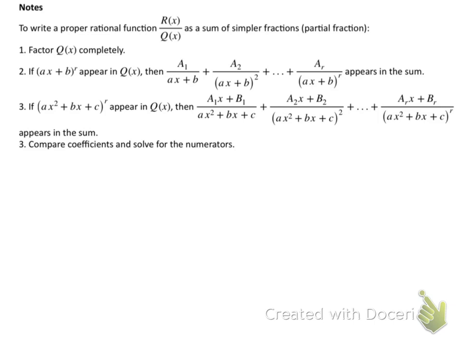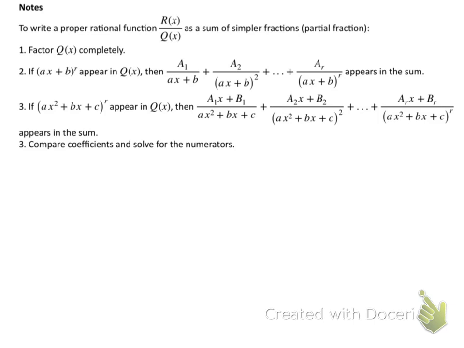So after we make our numerator have lower degree than the denominator, we factor the denominator completely, and if you allow the coefficients to be real numbers, then the denominator can be factored into only linear and quadratic factors, okay?